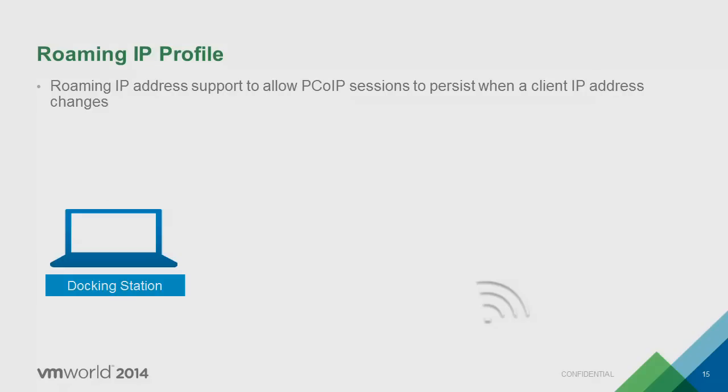Another feature that we developed that's pretty nice is that when your client roams between different IP addresses or different networks, you can have your session persist. Imagine you're working in your office and your laptop is docked.